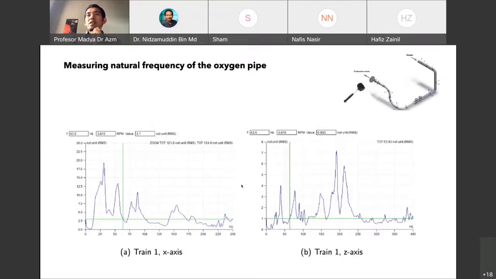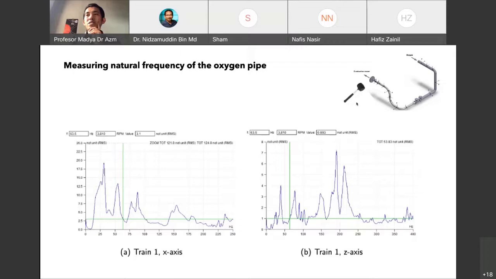Then we want to ensure whether the pipe is vibrating at resonance or not. Usually with high vibrations, we suspect resonance. If it is resonance, that is a dangerous situation, and we cannot let the vibrations sustain at resonance, otherwise the structure will fail. So we perform what we call a bump test.